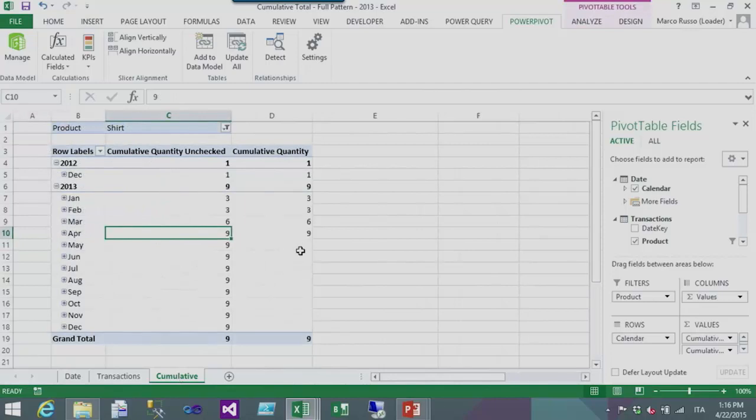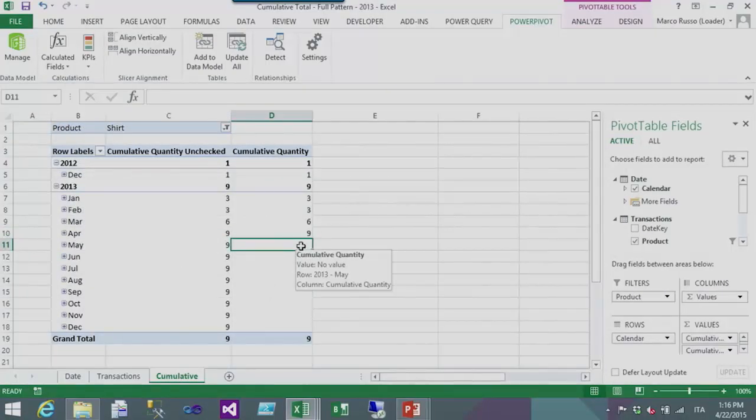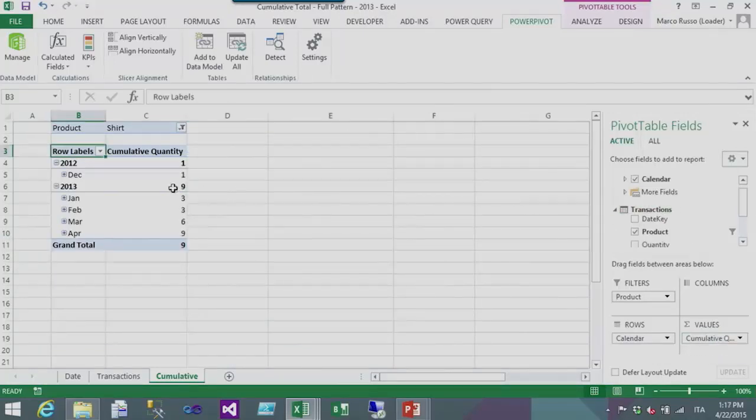So we just have to apply a condition that says, if there are no more transactions, I stop displaying data. I want to obtain as a result the cumulative quantity, so that if I remove this measure, I will see that I have data until April. Otherwise I see the entire calendar that I have in my date table.